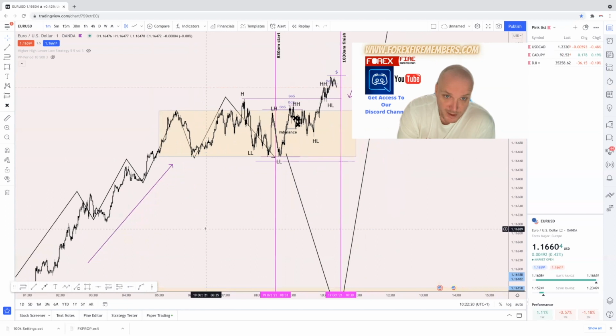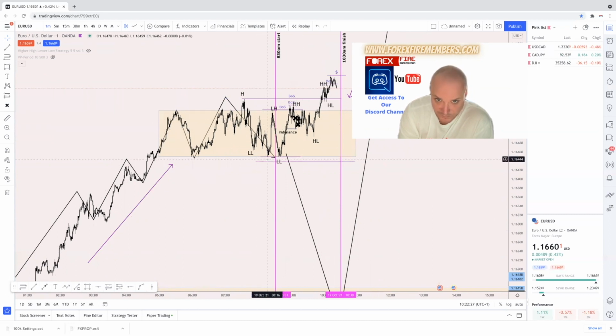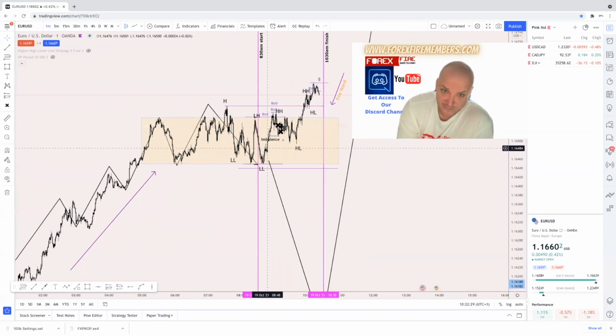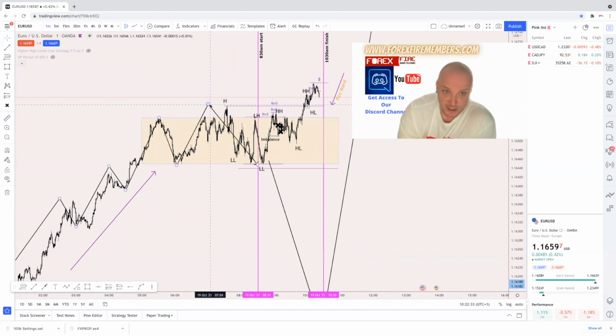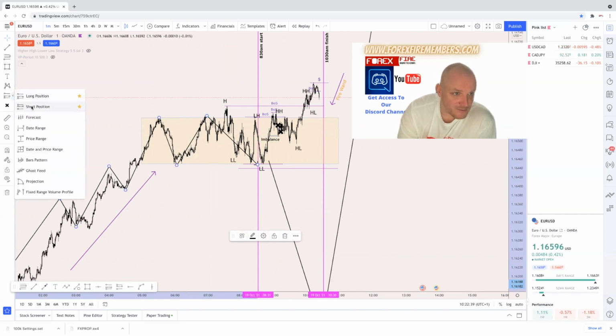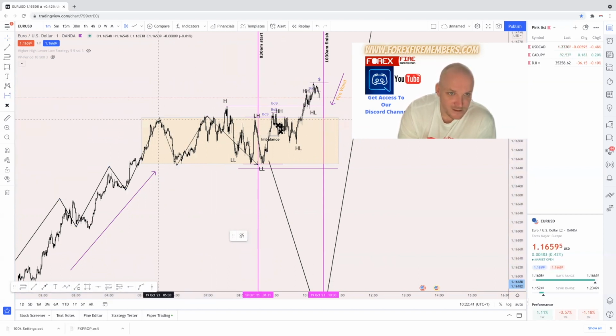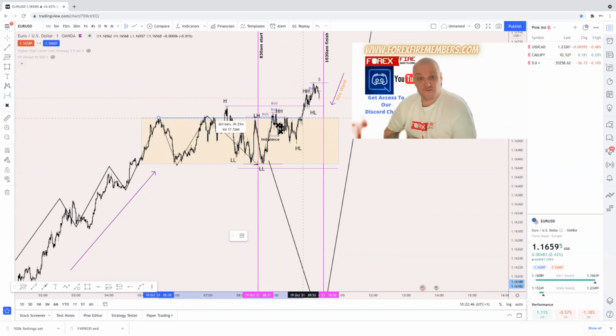As we've come up, we've gone into the impulse drive, into what we call an accumulation or a distribution on the top, and it was caught in a range, okay? We were caught in a range, but just to give you an aspect of time, from there to there is 4 hours.